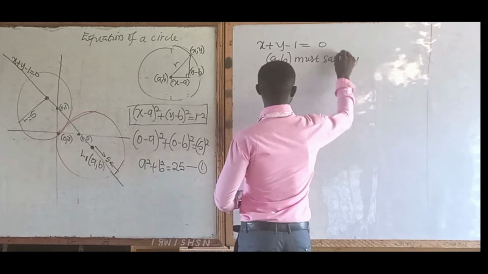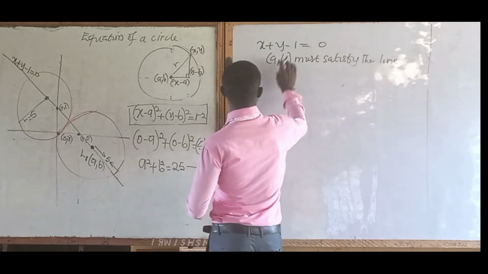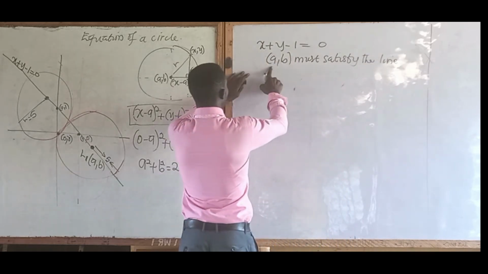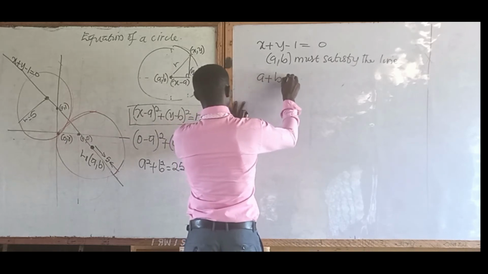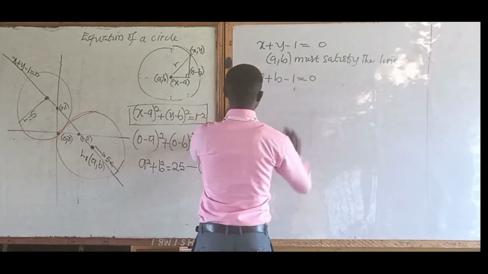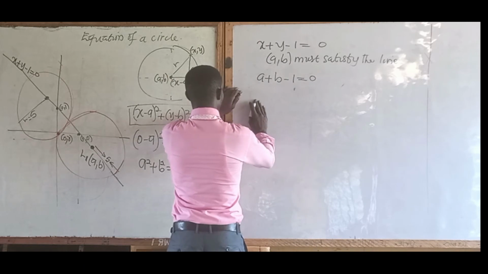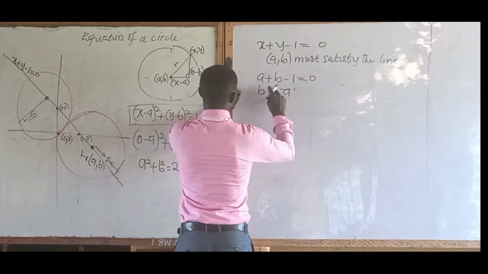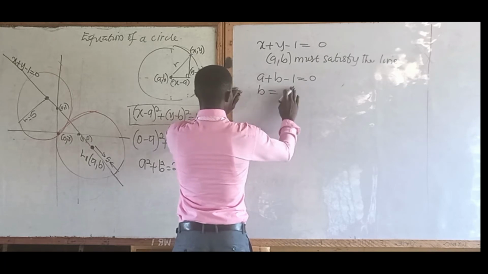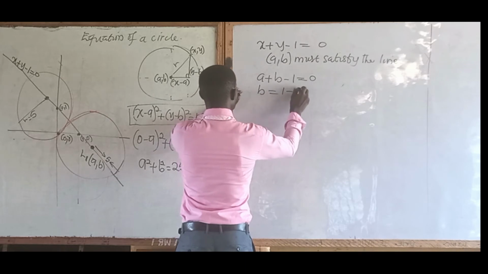So we have x plus y minus 1 is equal to 0. The point (a, b) must satisfy the line, and therefore we substitute: our x is a, our y is b. So we have a plus b minus 1 is equal to 0. This we can make b the subject. b will be equal to 1 minus a.